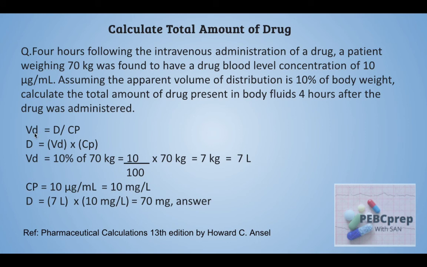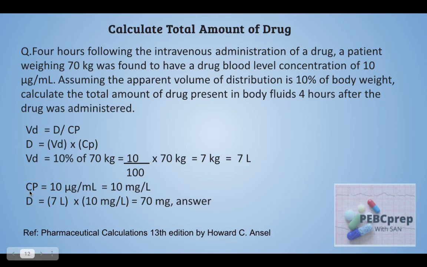We have formula Vd is equal to D over Cp. When we want to find the total amount of drug, we rearrange it. We know according to the question that the volume of distribution is 10% of body weight. 10% of 70 kg will be 7 kg, since it's volume, then we write it as 7 liters.